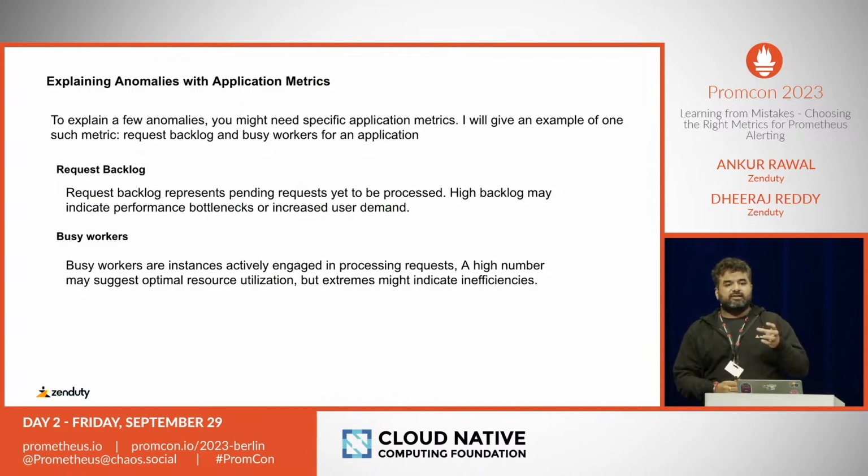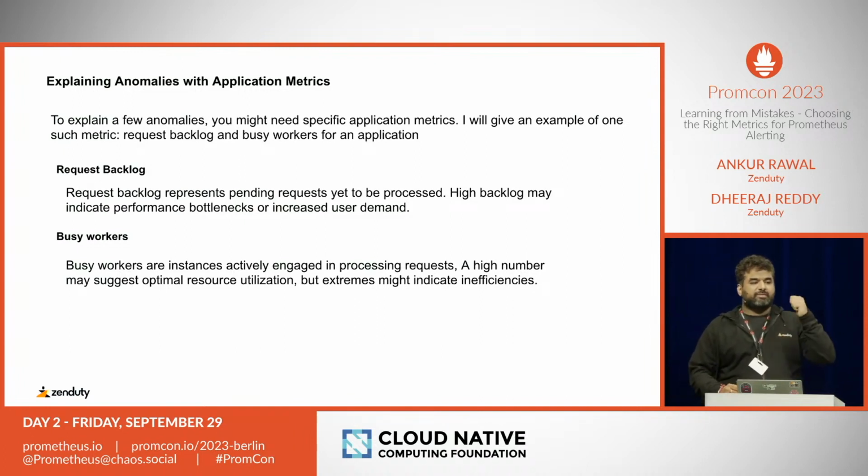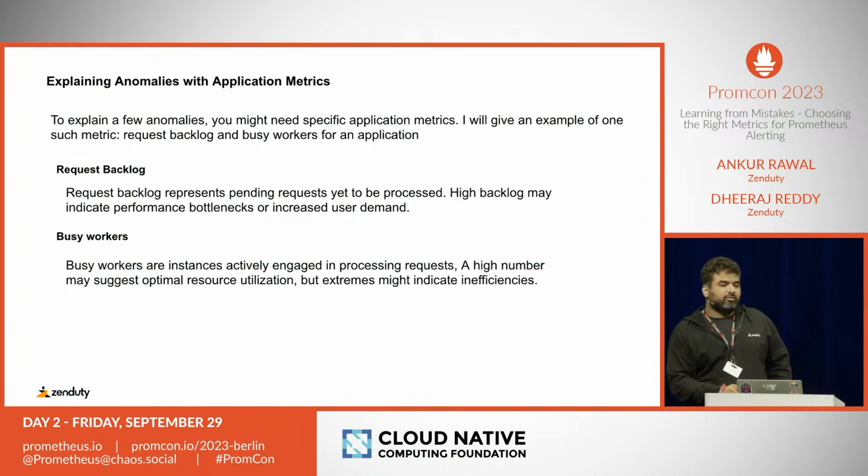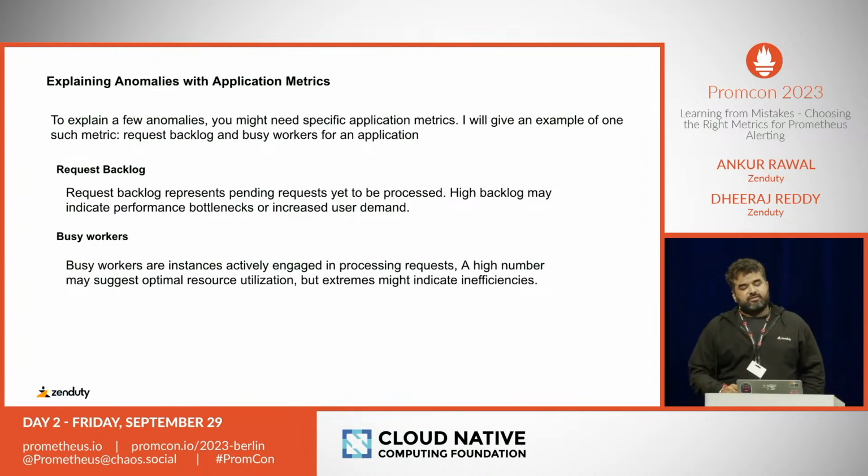But still, there could be some requests which are in the backlog because your worker tends to keep them in the queue. That's how the architecture is. The other would be busy workers, which could be because your application code is not optimized to perform all the tasks in a given time frame, and that leads to the worker being busy.